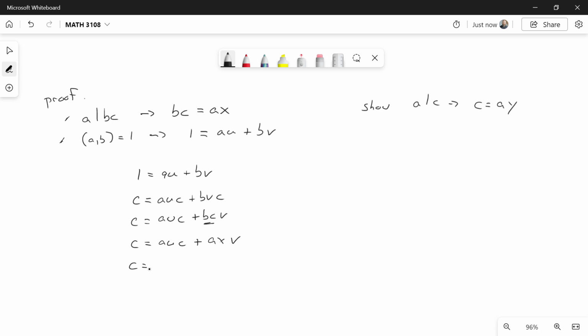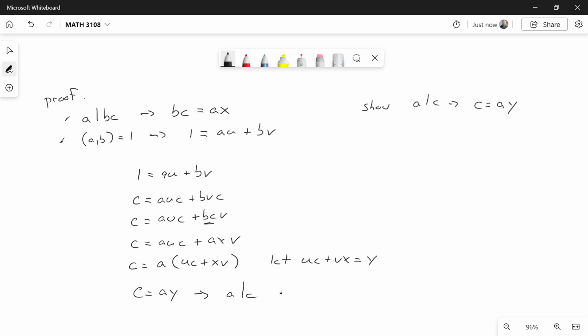Now notice both of these terms have an a in them on my right-hand side, so I can factor out that a. So this is a times uc plus xv. And if we let uc plus vx equal y, then c is equal to ay, which implies that a divides c.